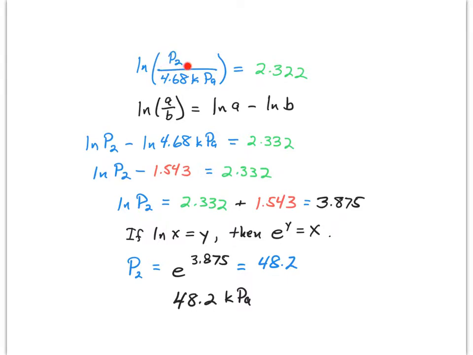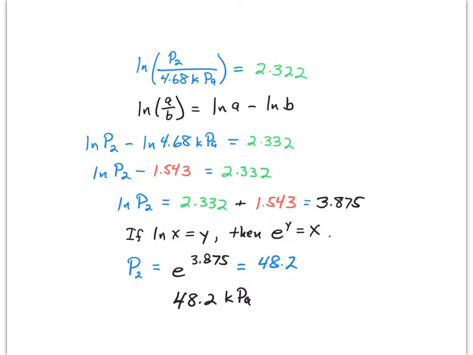With our variable inside the natural log term, right? That's difficult to deal with, but we can deal with it using this log rule, that the natural log of a divided by b is equal to the natural log of a minus the natural log of b. So we can take this term and separate it, right?